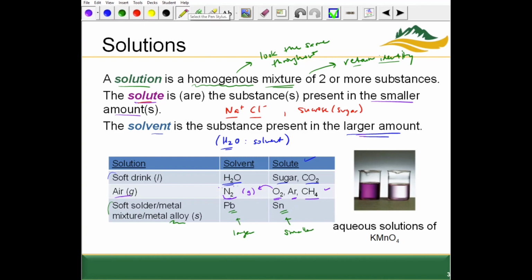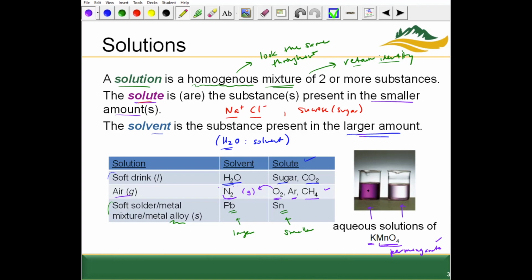Another feature of solutions: you should also feel really comfortable going from a formula into a name at this point. This is potassium, MnO4 is permanganate. Either have those memorized or written on your note card to recognize this is potassium permanganate. This feature is showing this difference in color.